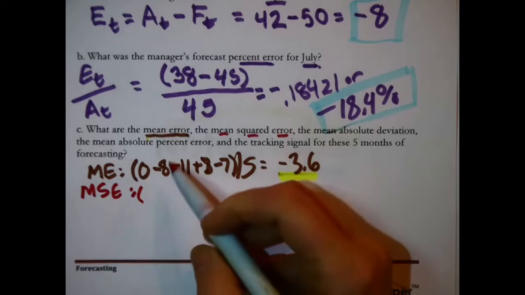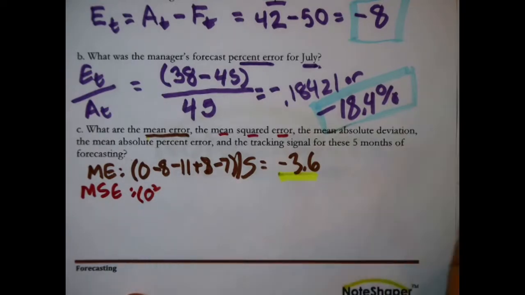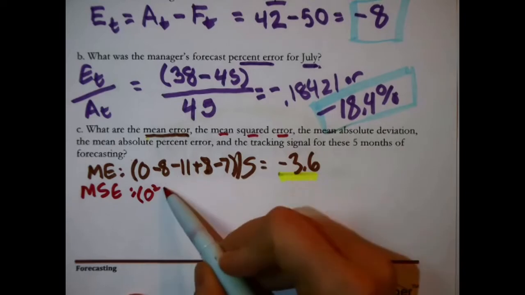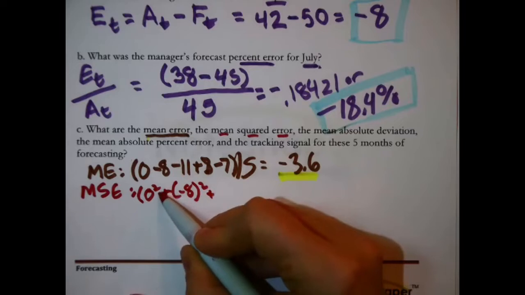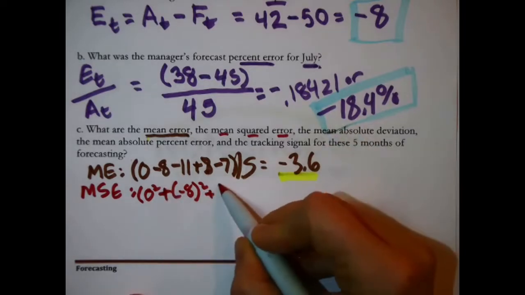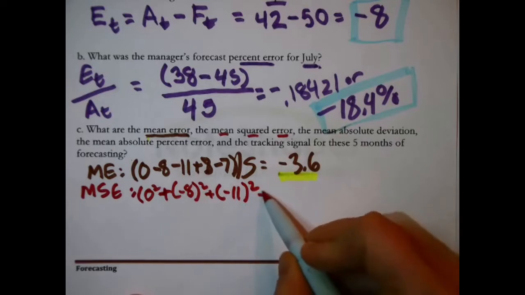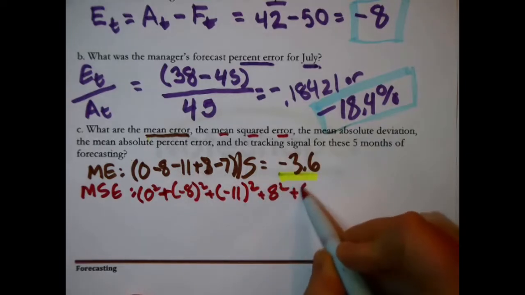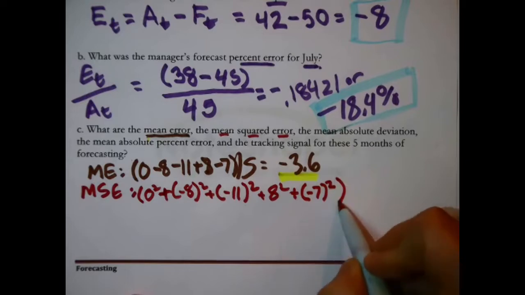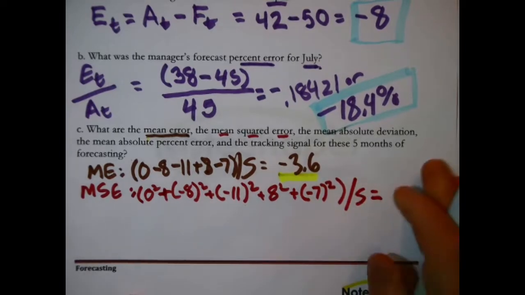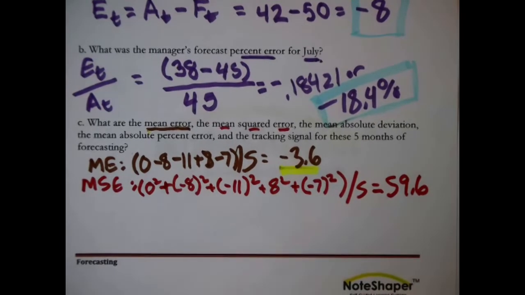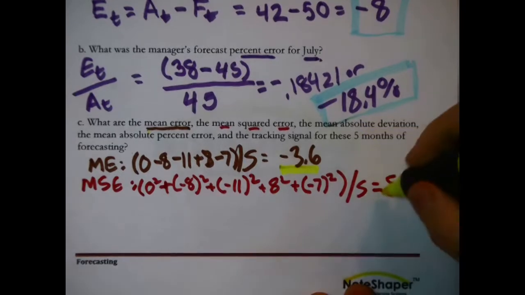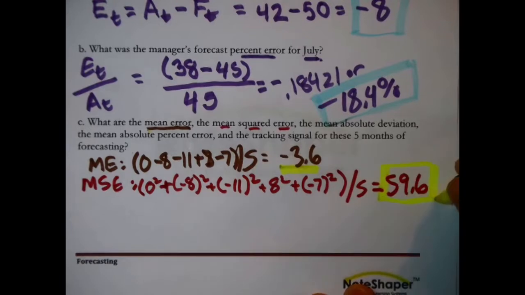So that's adding together, well, 0 squared is 0, plus a -8 squared plus, whoops, that's a plus, a little sloppy of me, plus a -11 squared plus 8 squared plus a -7 squared divided by 5. Kind of more of a chunky number. I get 59.6, just the average of the squared of the error.